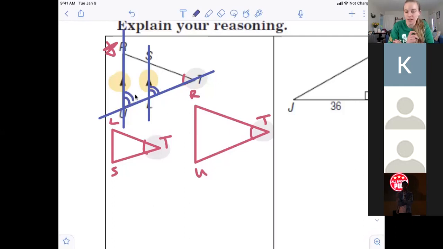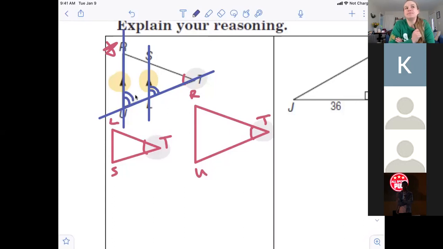Does anyone know what the name of the relationship between those 2 angles is? What do we call those? We had a bunch of different names for angles.